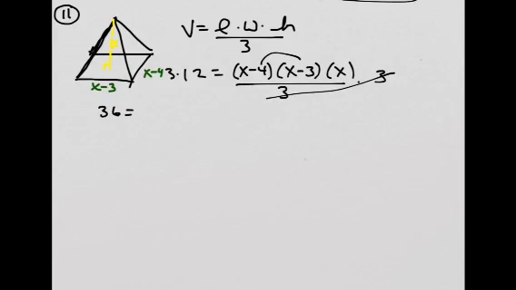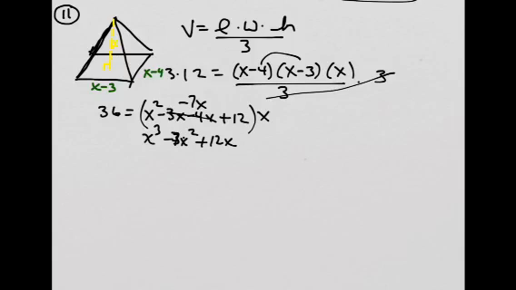And I'm going to multiply these two together, so that gives me x squared minus 3x minus 4x plus 12 times x. So all of these are going to increase by a factor of x, right? So this is x cubed minus 7x squared plus 12x. I'm going to move the 36 over, so it's minus 36.